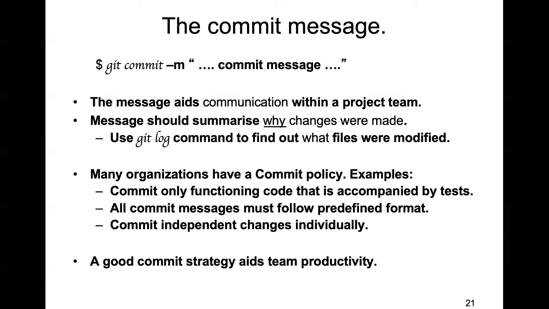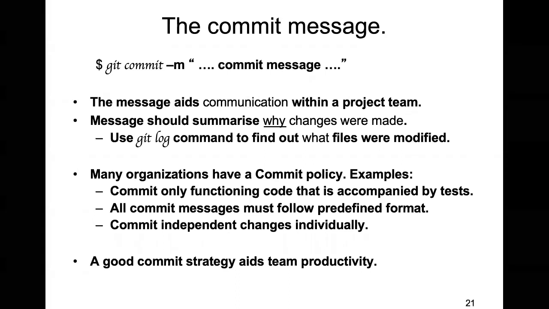With the git commit command, you can associate a text file, and in the text file, you would have a full explanation of the nature of the commit. So many software houses would stipulate how you should format that text file containing your commit details. So it is really important, and it is primarily a means of communication within a project team.